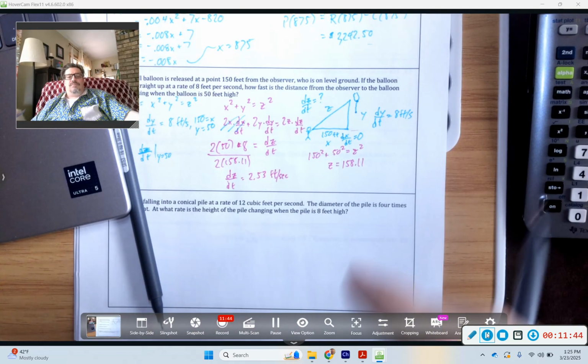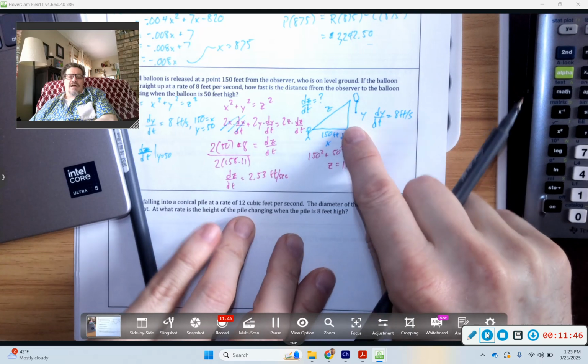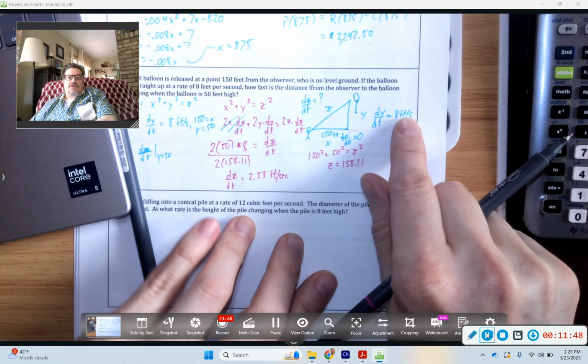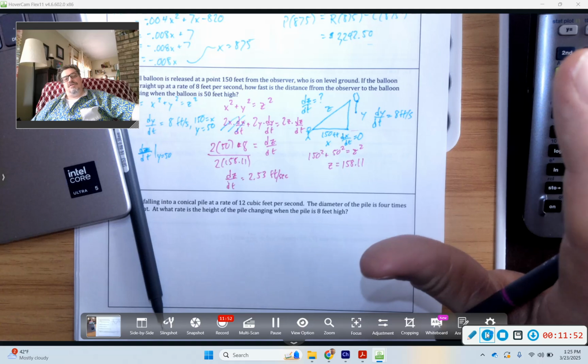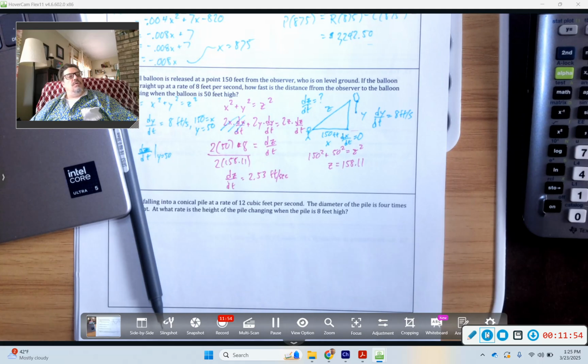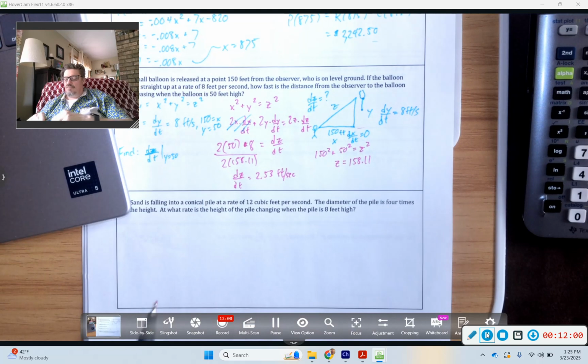So even though the balloon is rising faster, the distance between the observer and the balloon is changing at a slower rate, because he is 150 feet away. All right, so that's really cool.